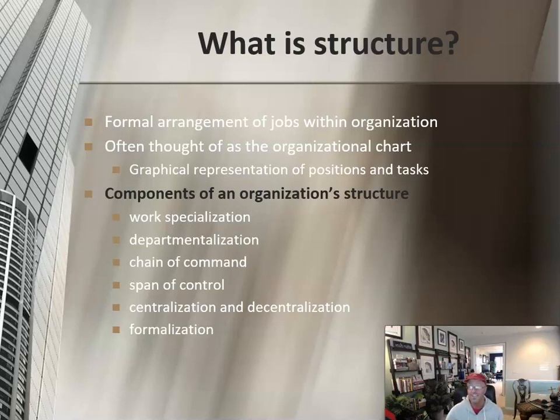Based on me just saying mechanistic, we all know where we're going to be on this range in relation to the organizational structure. Departmentalization, very departmentally oriented. Chain of command is going to be very tight. Span of control, very small.